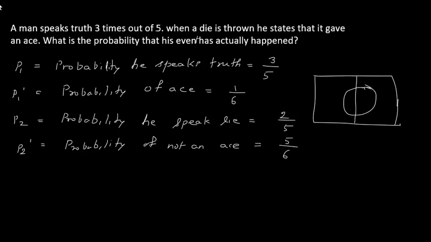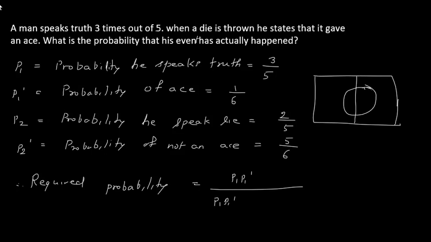So therefore the required probability, I am saying that ace, and now I have to find that I am saying truth. So required probability will be equal to P1 P1 dash upon P1 P1 dash plus P2 P2 dash.